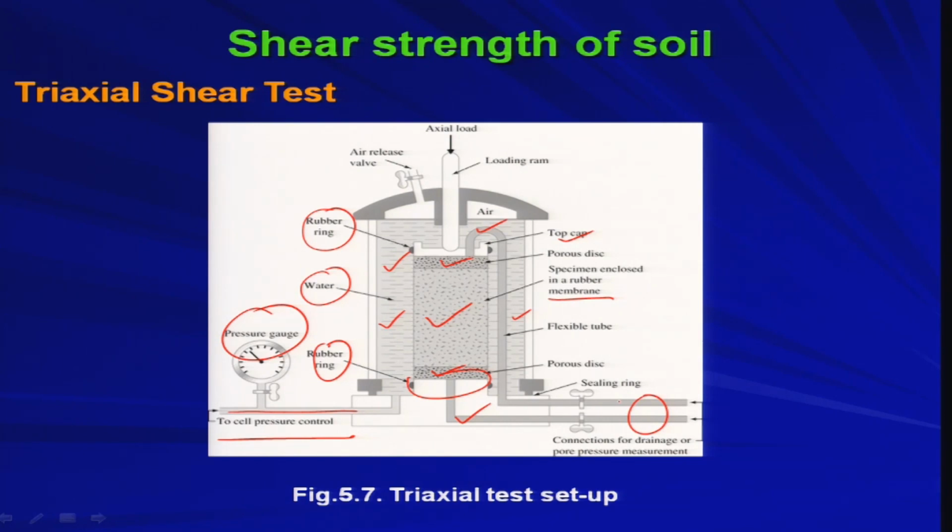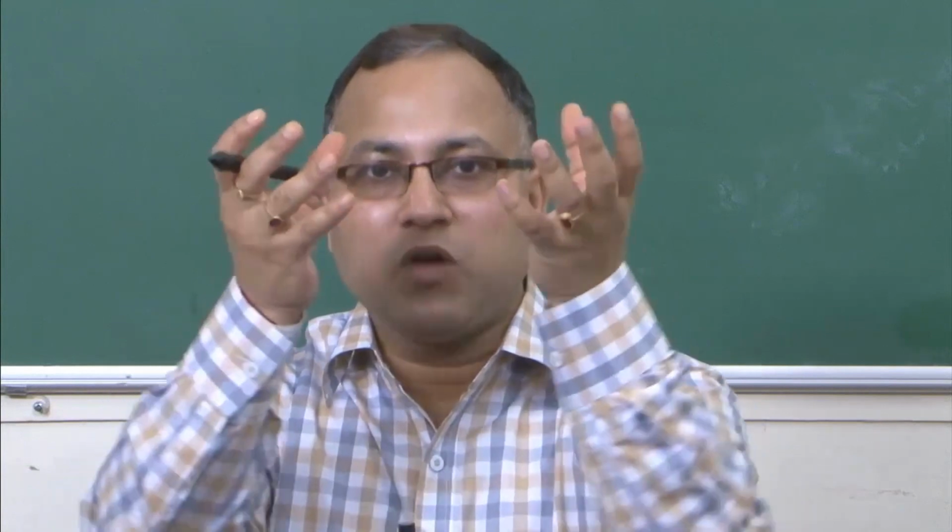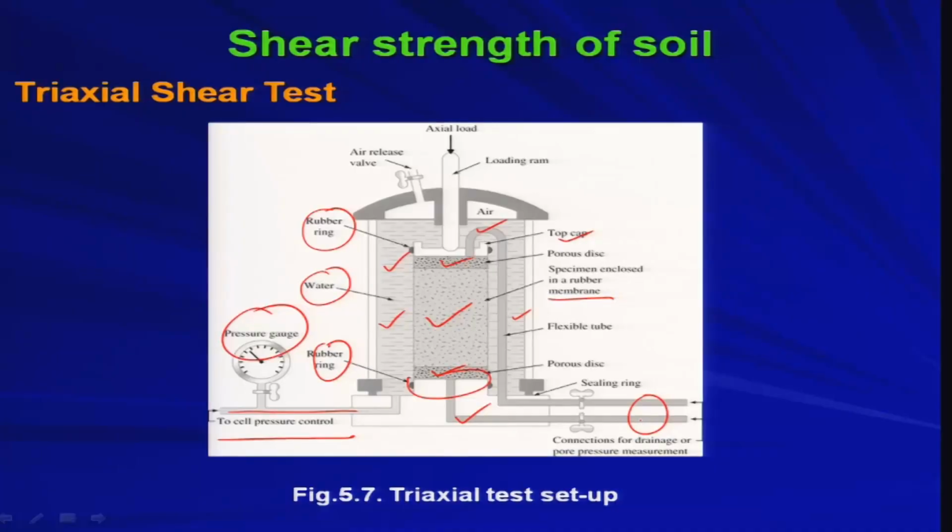When you apply the deviatoric load, water will try to drain out from the soil specimen and will be collected through these pipes, connected to a pore pressure measurement arrangement, which will give you how much pore pressure is getting dissipated.